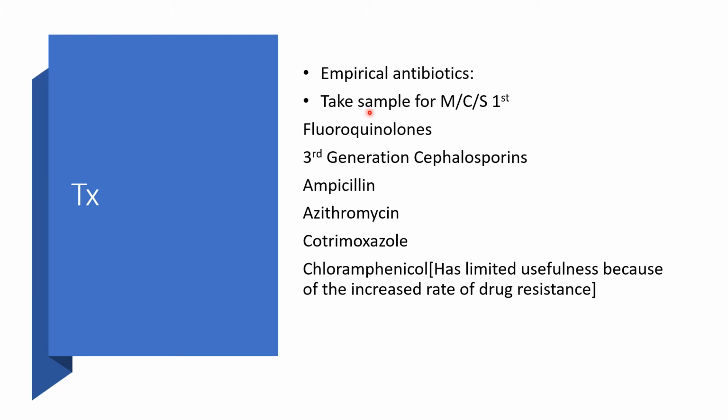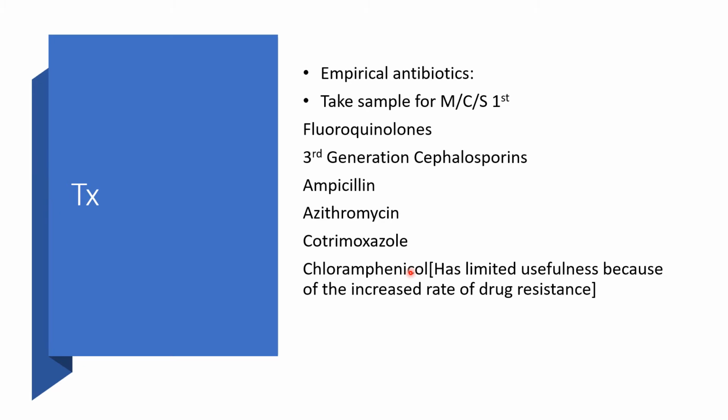So we have to take sample for microscopy, culture, and sensitivity first before we begin the empirical antibiotics. Here, we can choose fluoroquinolones, ciprofloxacin or ofloxacin, third generations of cephalosporins, ceftriaxone, ampicillin, azithromycin, cotrimoxazole, that is Bactrim or Septrin, chloramphenicol.